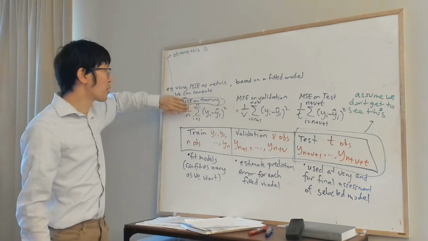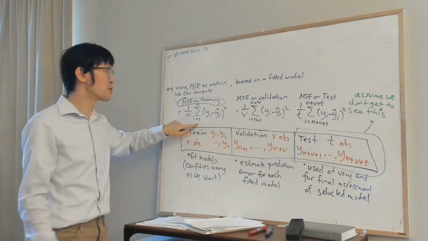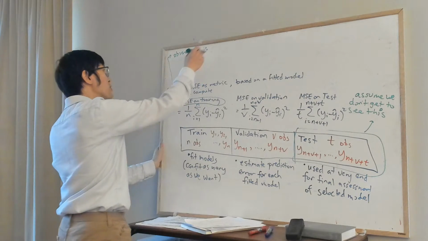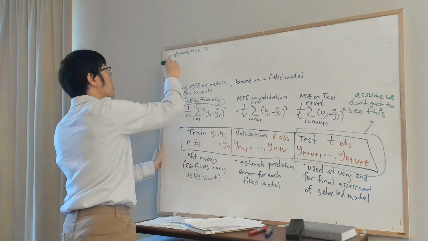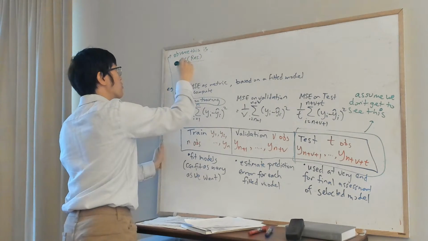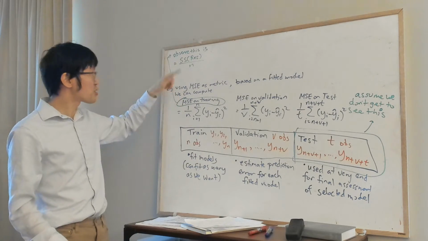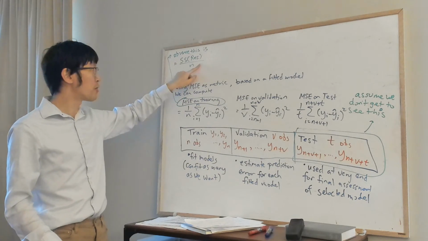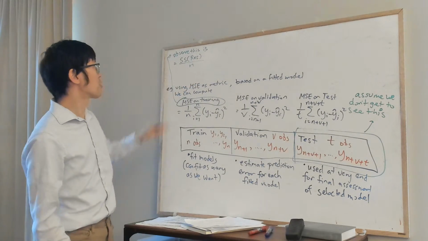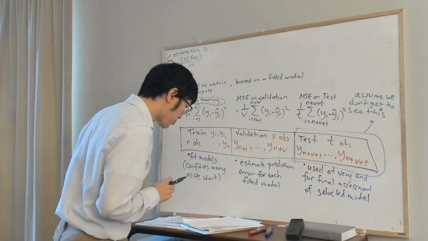If I don't have the 1 over n, what is this part? This is the sum of squares residual. So this expression is equal to sum of squares residual over n. It's not quite the mean square residual, because our mean square residual is our estimate of sigma squared, and we have to account for the number of predictors used to fit the model. But the two are going to be very much related.